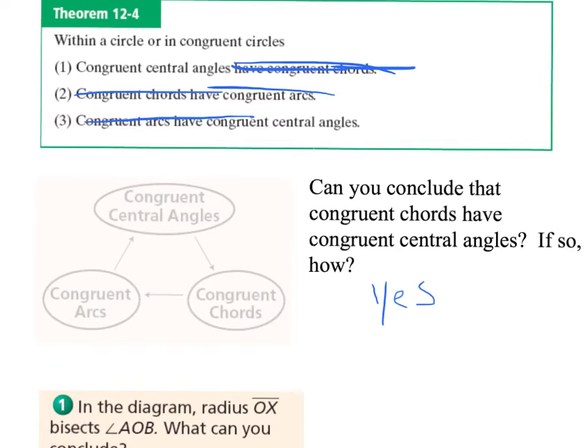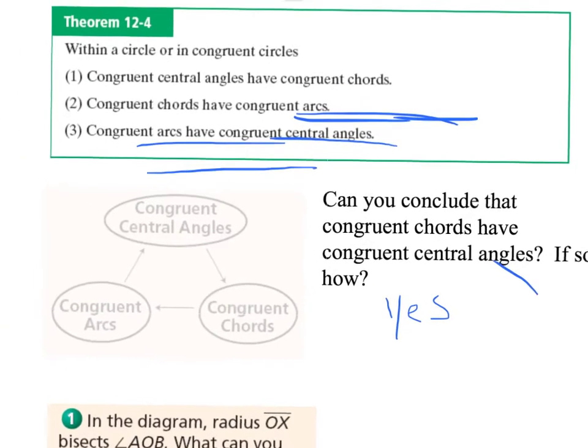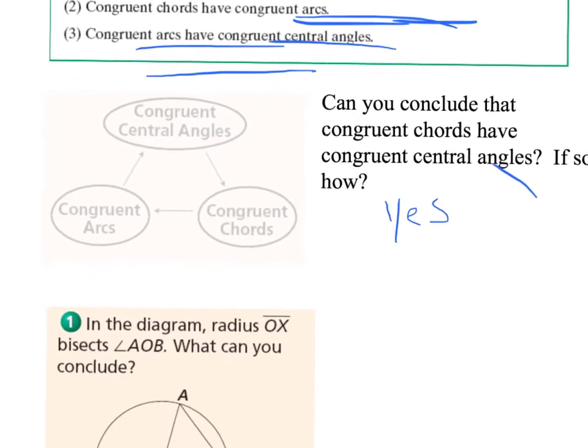So if you have congruent central angles, then you have congruent central angles. And that's being because you have all these other things. So let me go back. So basically, if you have your congruent central angles, then you can assume congruent chords and congruent arcs by law of syllogism. Okay? Now, moving on to this stuff.